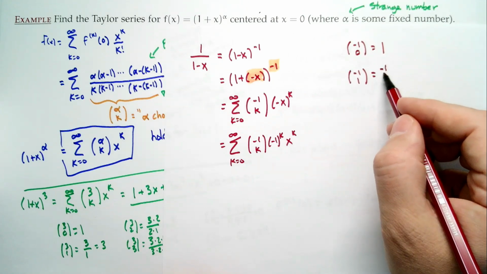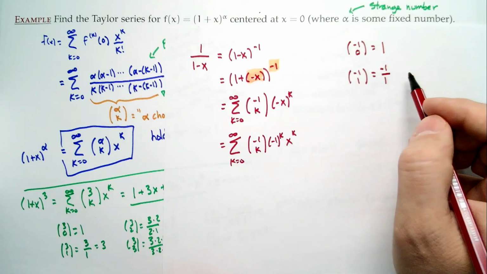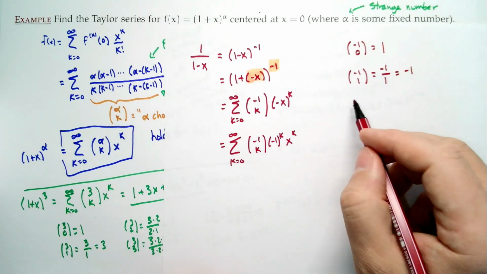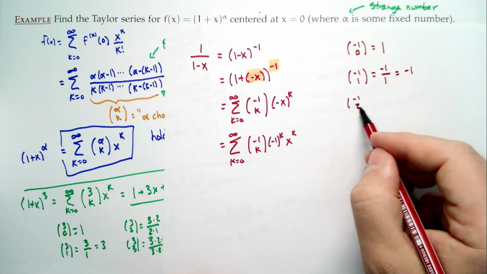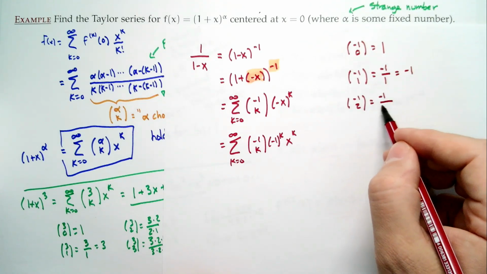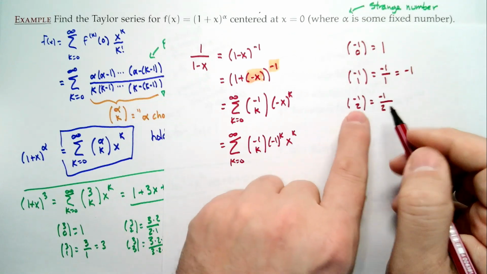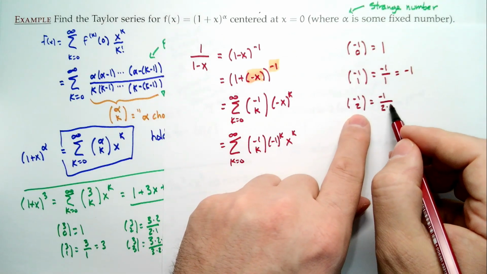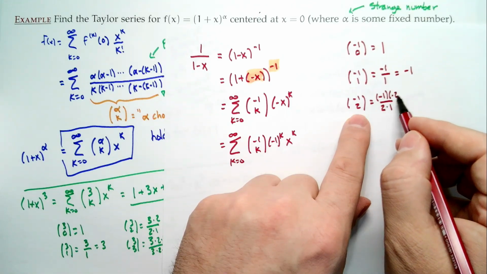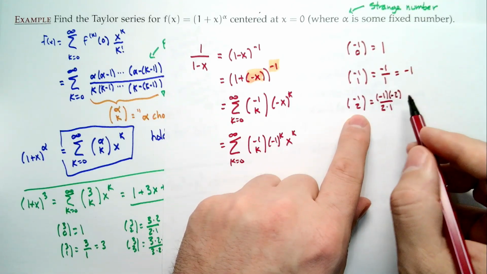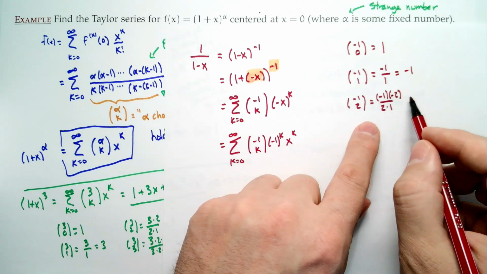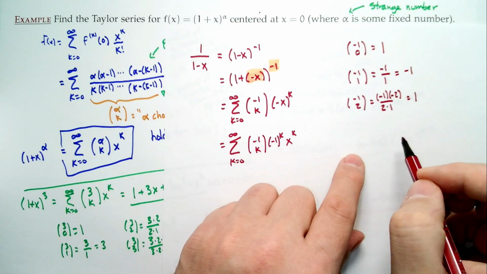Well, upstairs you start with a minus 1, downstairs you start with 1, and you get one term. Well, we already have one term, so that's minus 1. How about minus 1 choose 2? So upstairs, minus 1, downstairs, 2. Now, that's our starting point. How many terms do you want? You want 2 terms. So there's a minus 2 times 1. Then upstairs, we subtract 1, so minus 1 minus 2. So what's happening? Well, the 2's and the 1's cancel. So you end up with a minus 1 times a minus 1, which is plus 1.